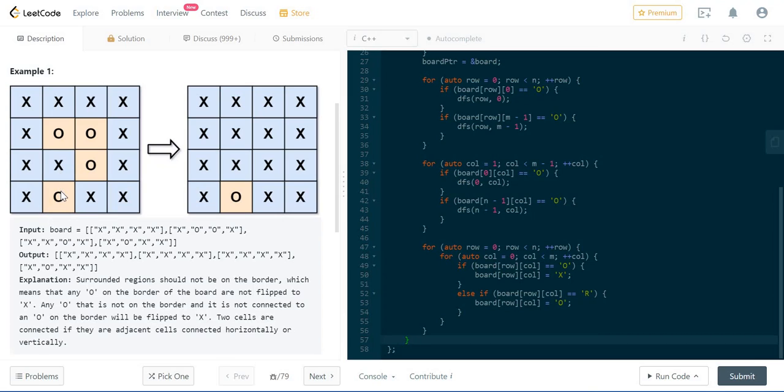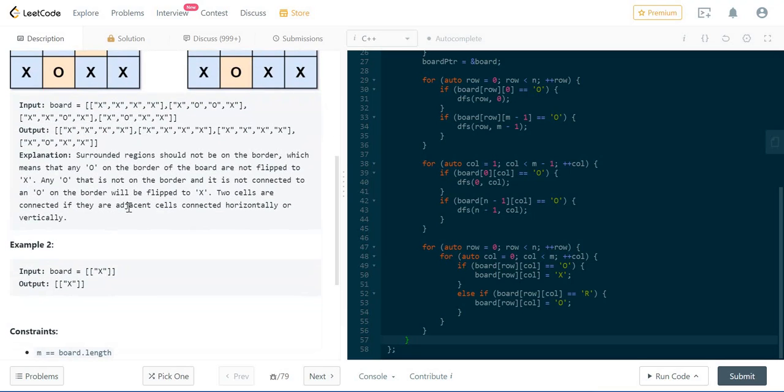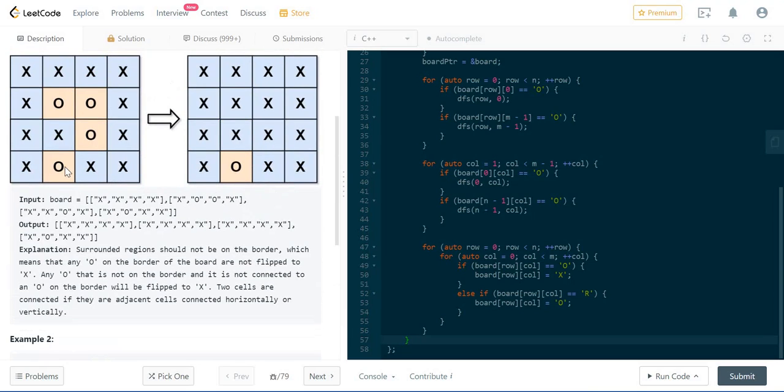And also if a particular cell is just adjacent to it, like in these three blocks, they have cleared the definition of being adjacent. A cell is adjacent to another cell if it is connected horizontally, either in this direction or this direction, though there is no diagonal relation between a cell and its surrounding cell.